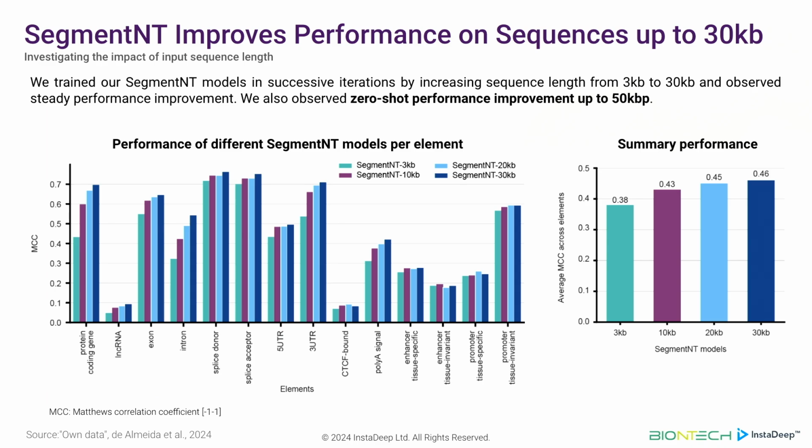We stopped at 30 for compute reasons, because as we use transformers, they scale quadratically with the sequence length, so you don't want to go too big. And we showed that you can get this improvement in performance as the sequence input grows. But also what was interesting for us is that at inference time, if you take a model trained only on 30 kbp sequences, but you actually try on bigger sequences, you keep getting an improvement up to 50 kbp.